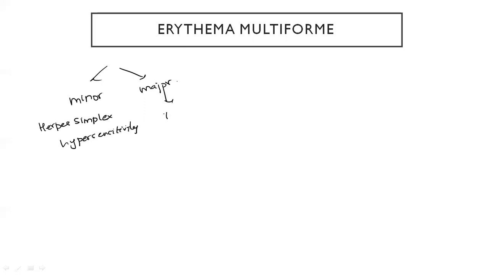Now coming to erythema multiforme. Erythema multiforme is again of two types, minor and major. Minor can be caused due to herpes simplex hypersensitivity, whereas major can be caused mainly due to drug sensitivity.